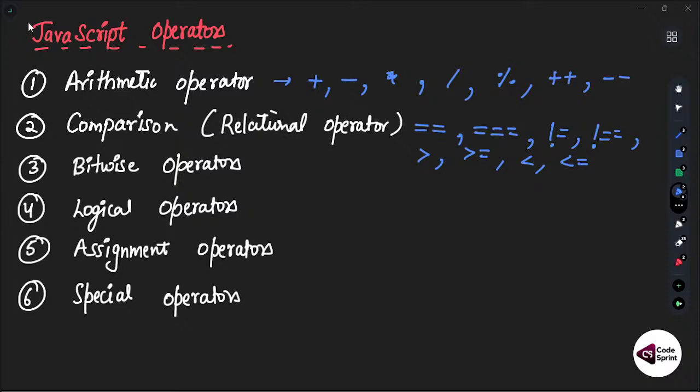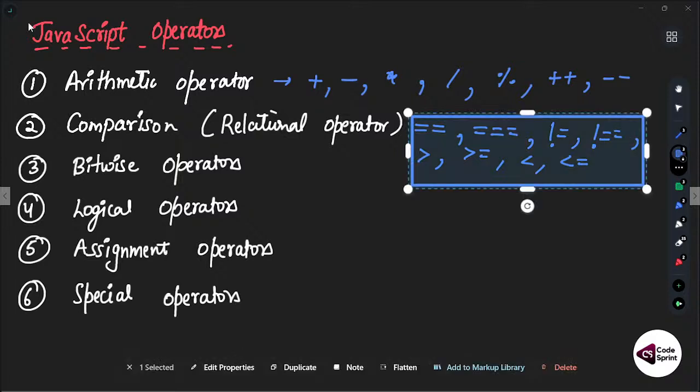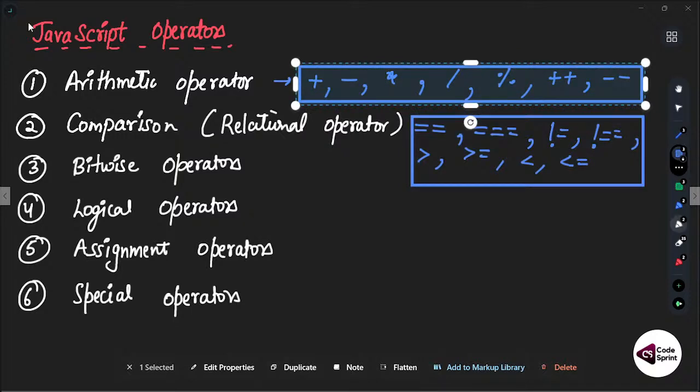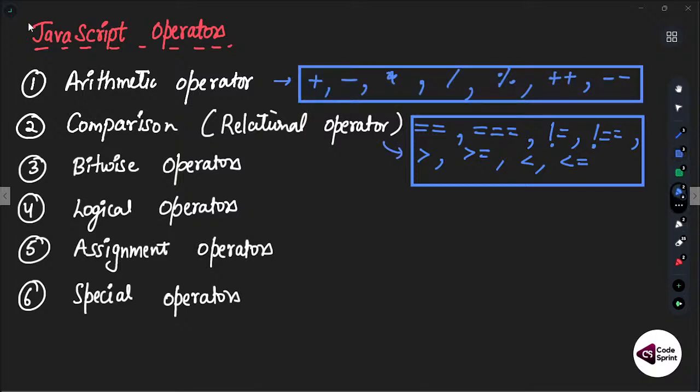Now let's quickly discuss the bitwise operators. For bitwise operators, we have lots of them. What are they? We have bitwise AND, bitwise OR, bitwise XOR, bitwise NOT, and bitwise left shift operator.